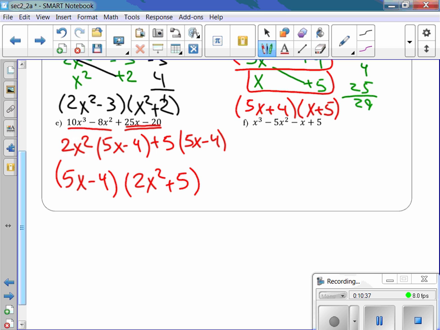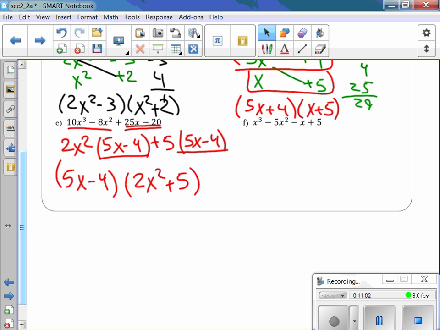So my 5x minus 4, 5x minus 4, I only have two terms here, right? Because the terms are separated by addition or subtraction. So just like I pulled out an x squared in the previous one, here I'm just pulling out the 5x minus 4, and what's left behind? Well, in this first term, 2x squared, and in the second term, just 5.